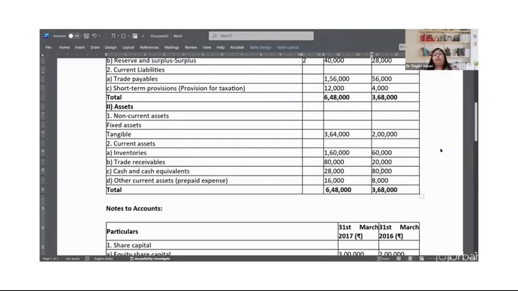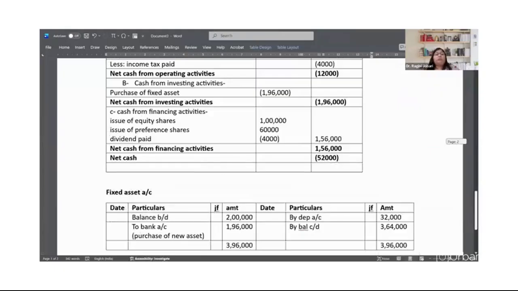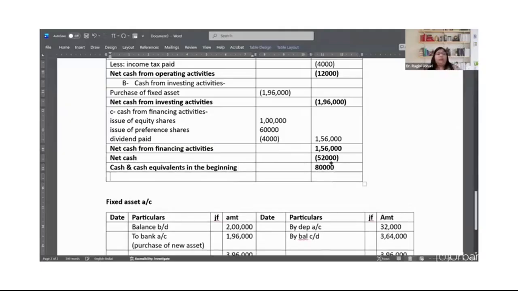This is 80,000 cash. So we say cash and cash equivalents in the beginning, 80,000 plus, right?